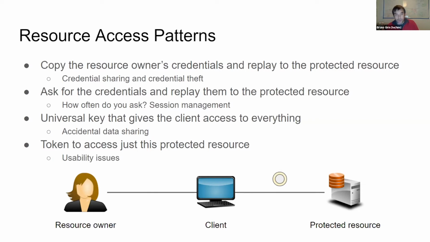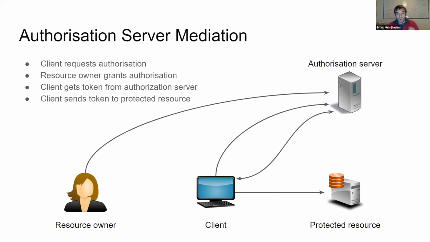So the solution you have on the web today does this by using the mediation of an authorization server. If you go to your client and you're trying to access a protected resource, the client will request an authorization from the authorization server.